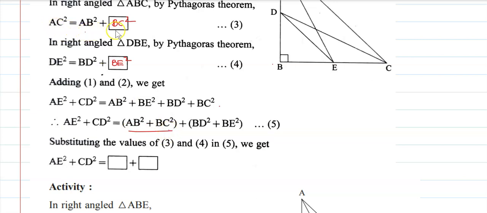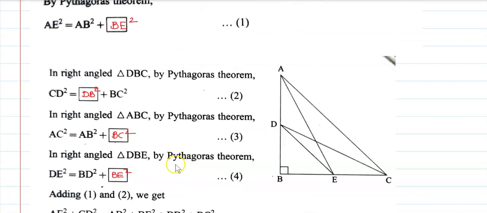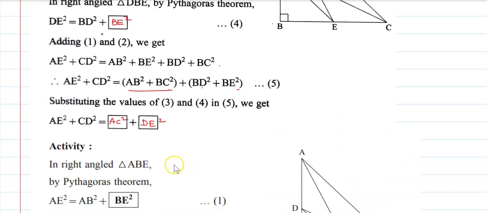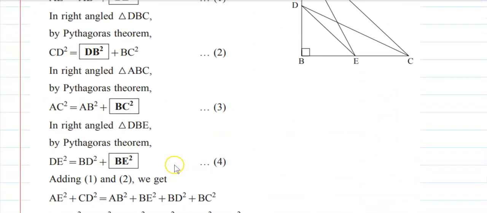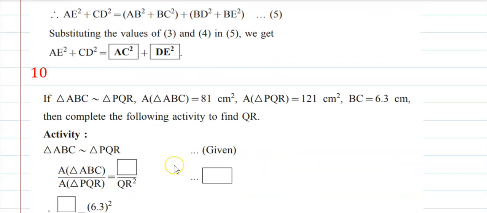Here I will write AC square. And BD square plus BE square, this is the DE square. And hence it is proved. Okay. The activity we have completed here. Again you can see it here.